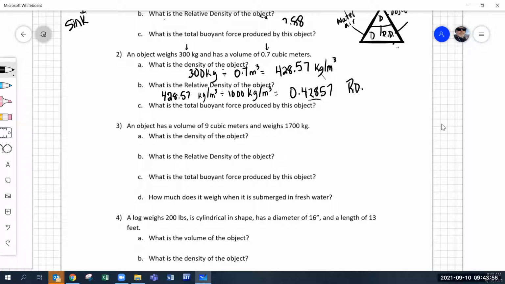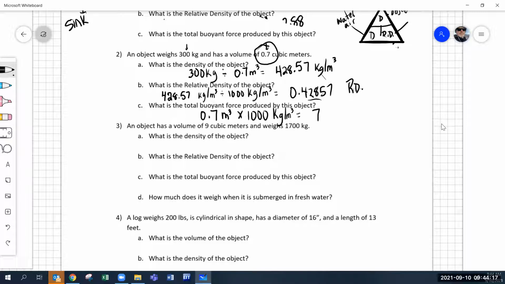So now what is the total buoyant force produced by this object? The buoyant force is directly related to the volume. 0.7 cubic meters is the volume. We multiply this by 1,000 kilograms per cubic meter.